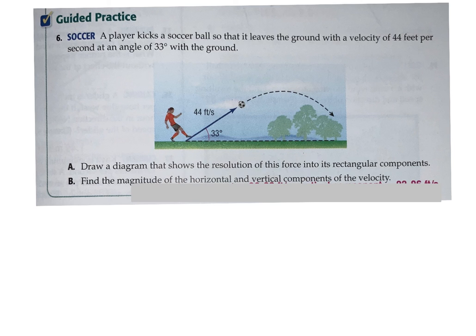The magnitude is the length. They're basically just saying the length of the base and the length of the height. When they say magnitude, in a right triangle world, it's a length of something. They've given you the magnitude of the hypotenuse, basically, and they want the vertical and horizontal. So it's just SOHCAHTOA.